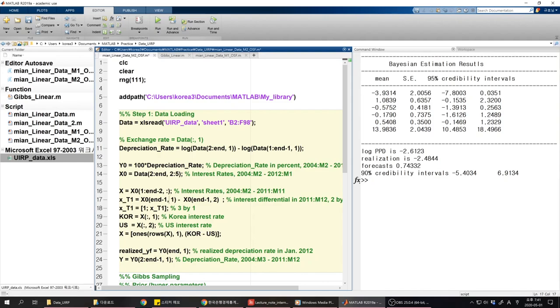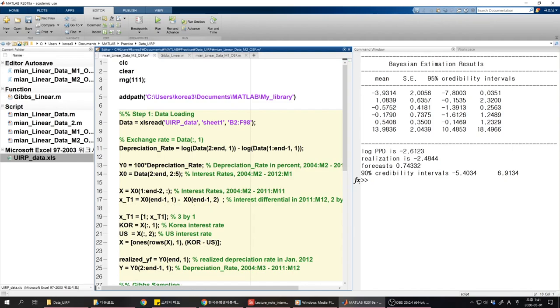And then this is okay. What about this? No, this is not okay actually. This is our interest rate differential, and we should have what? We should have inflation rates. Where are they? They are here.